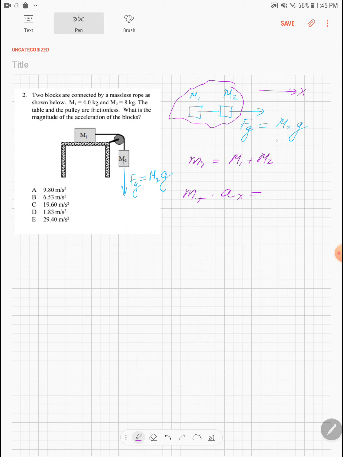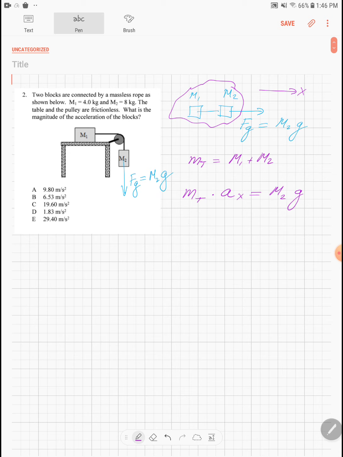And the only force which acts in the x direction on the system is given by the force of gravity on the second block. It is M2 times G.